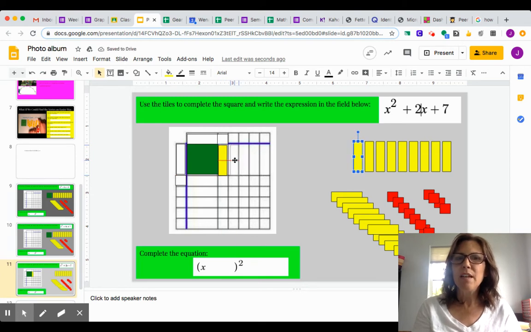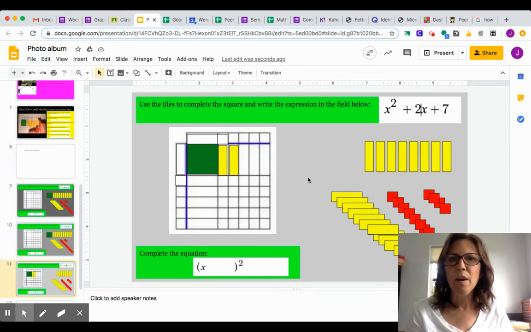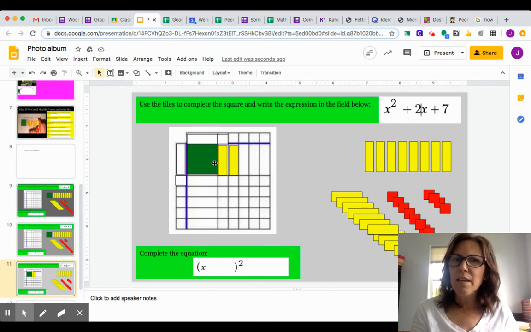Now, this is kind of a common mistake. If you look, I've got my two x's, I've got my two tiles, but this is not looking much like a square. My job is to complete the square. So I want my diagram and where I'm placing my tiles to make a square. And this is making a rectangle.